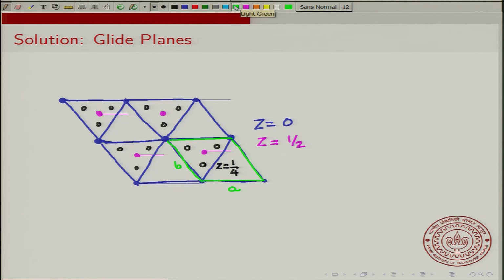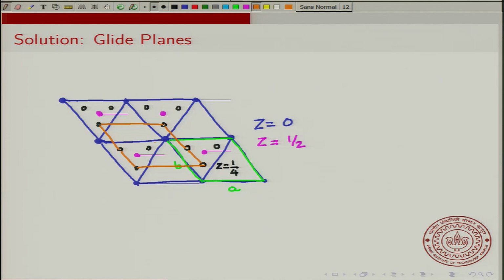And so, for example, you might choose a unit cell that is in this form. So, if you choose this, for example, as a unit cell, where it starts from z equal to 1 by 4 and goes 1 unit up, you can see that all these become inversion centers.